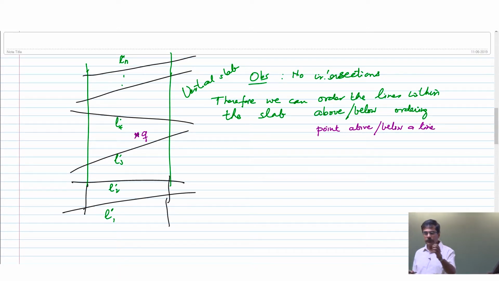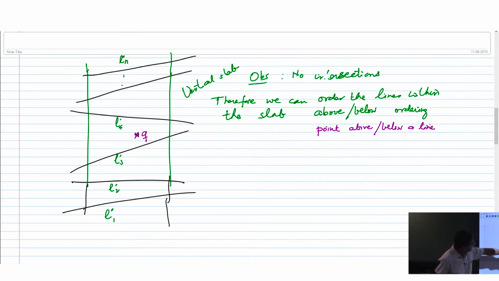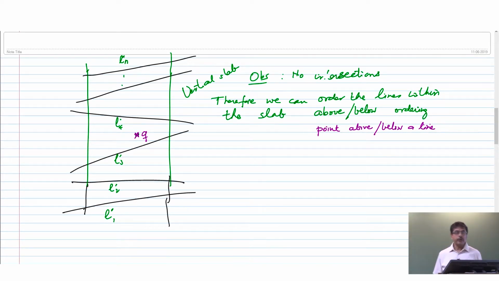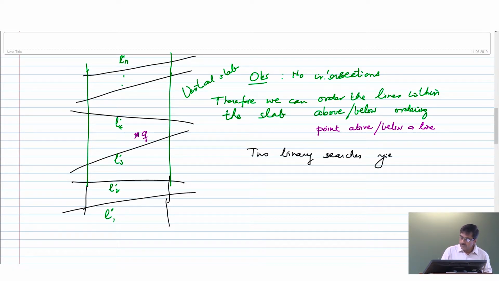Therefore, I can easily find out that within the slab Q lies between L prime 3 and L prime 4. So, I can answer the query that we started with using two binary searches. Two binary searches yield the required result.